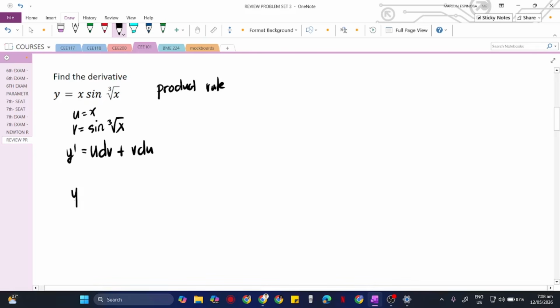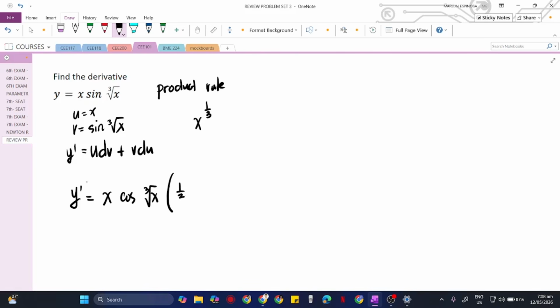Now let's get the values. u is x. For the derivative of v, the derivative of sine cube root of x is cosine cube root of x. And what is the derivative of the cube root of x? It becomes a chain rule. The cube root of x is the same as x raised to the power of 1/3.